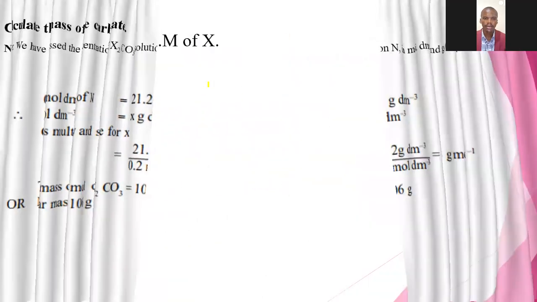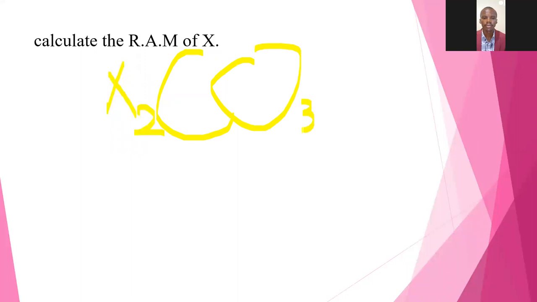Then another one, now get the RAM of X. The RAM of X, which is in the carbonate, because carbonate of X is written as X2CO3. So the total mass of X carbonate is 106. So what of X alone?